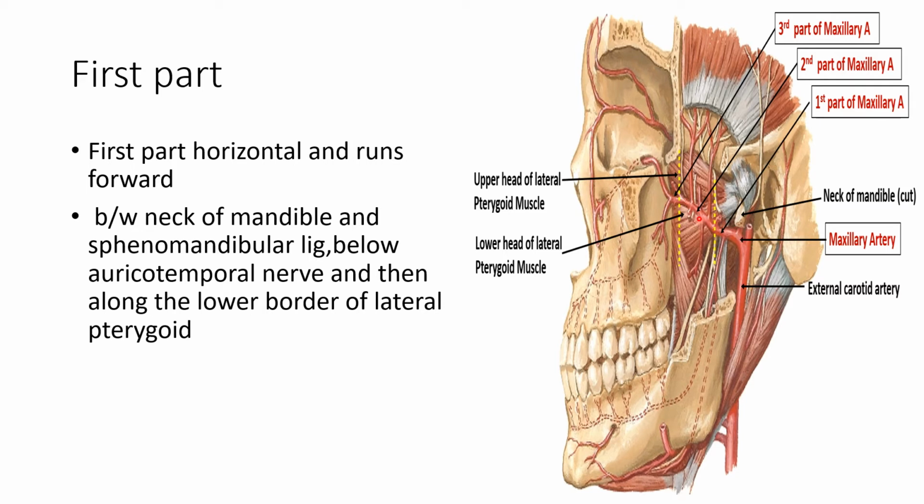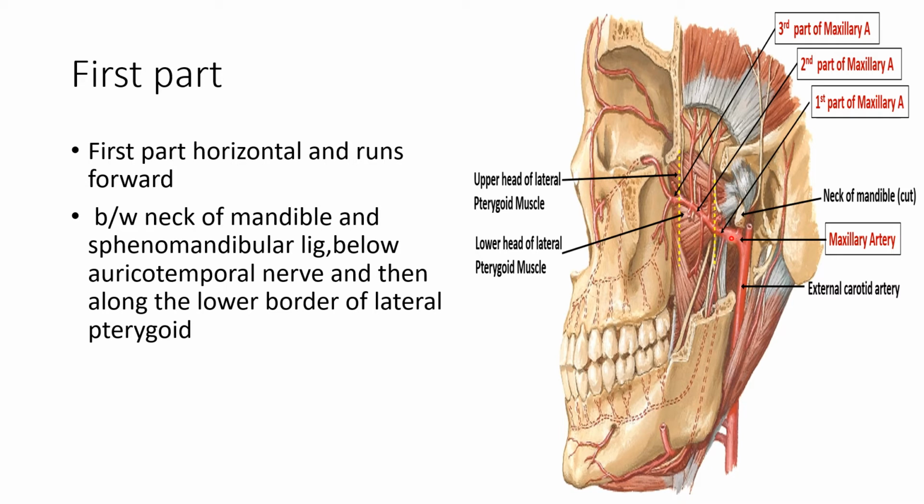Here let me tell you one thing, that all of these parts, the first part, second part and third part of the maxillary artery, are very much related to the lateral pterygoid muscle, as the first part lies just lower to the lateral pterygoid muscle, and the second part lies just superficial to the lateral pterygoid muscle, and the third part lies between the two heads of the lateral pterygoid muscle, which we discussed earlier.